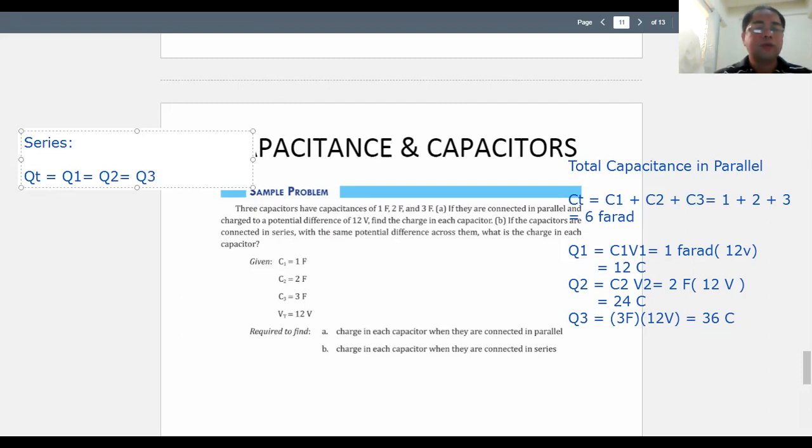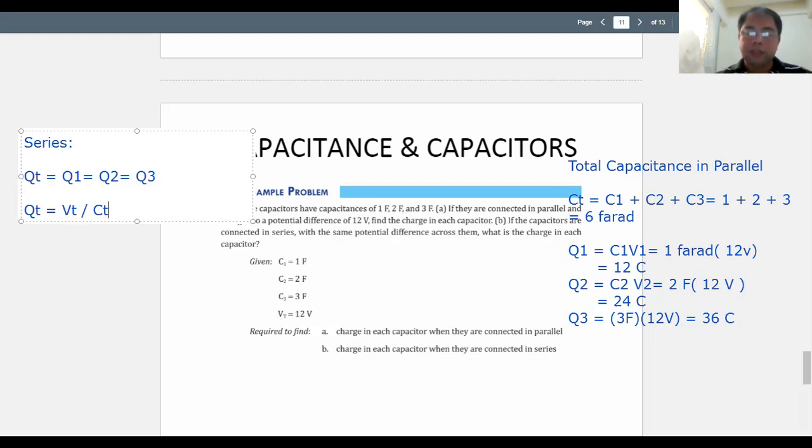So we need to know only one value here. We solve Q by dividing the voltage by the capacitance, so we need the total voltage divided by the total capacitance.